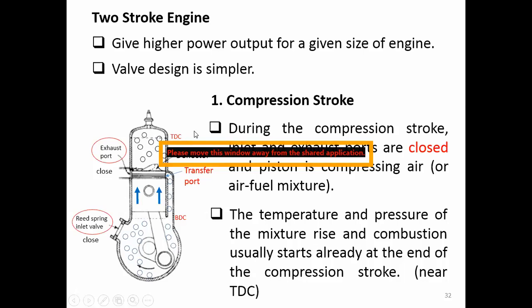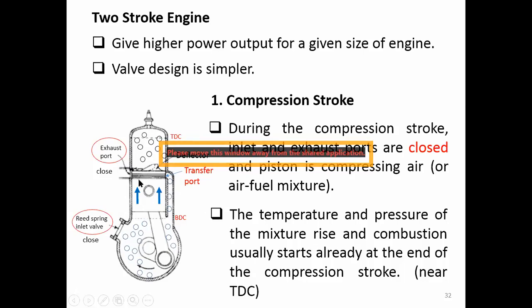Right. So during the compression stroke, the piston moves up. Right. When the piston moves up, it closes the exhaust port, and it also closes the transfer port here. This transfer port is used as a passage for the air or air-fuel mixture that comes in from the inlet valve to flow into the cylinder, right?